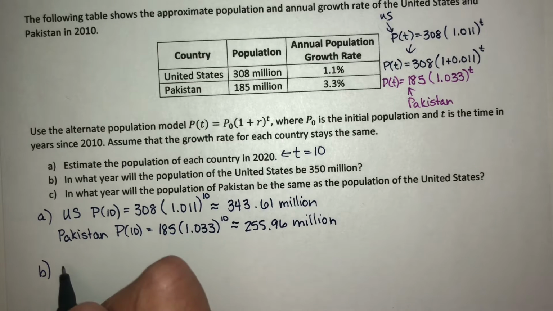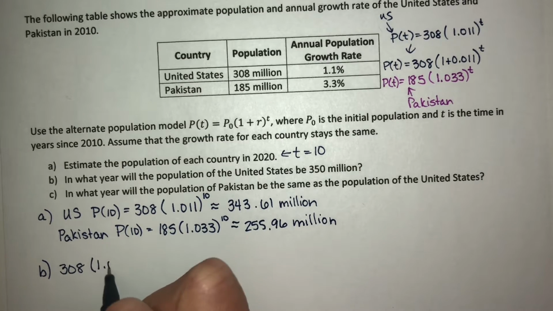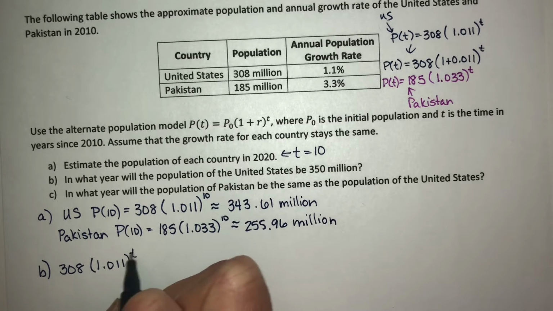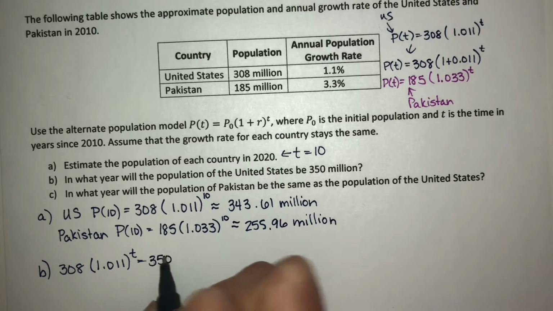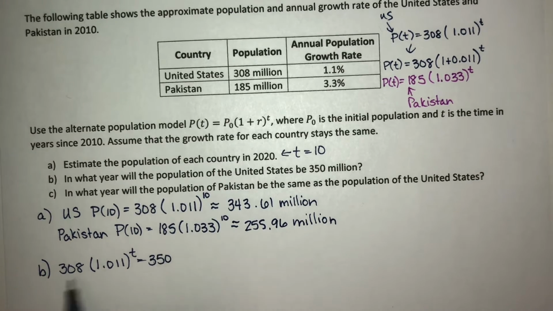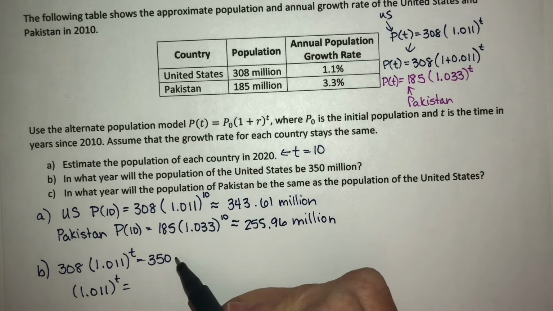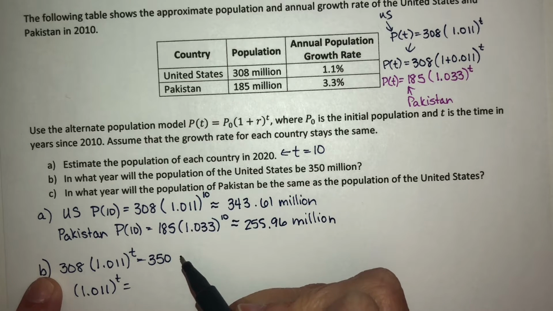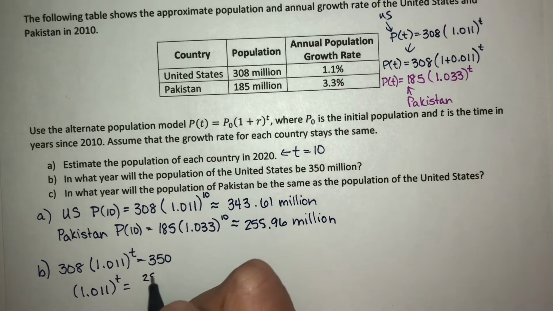So I have 308 times 1.011 to the t is equal to 350. Now divide both sides by 308 and you get 1.011 to the t is equal to 350 over 308. If you simplify that fraction, you get 25 over 22.